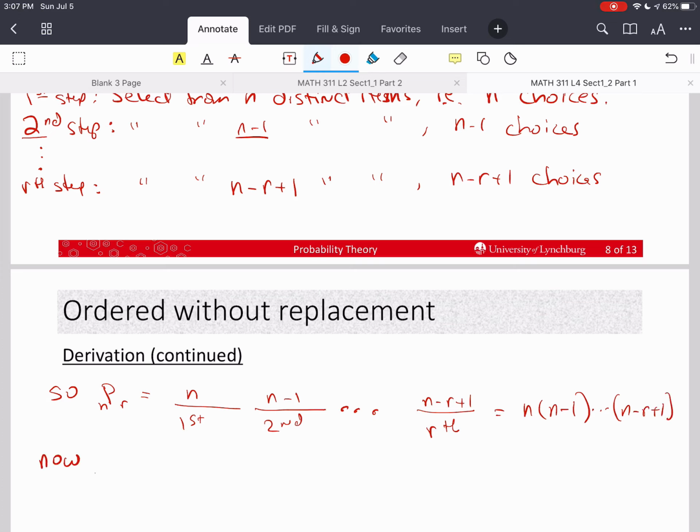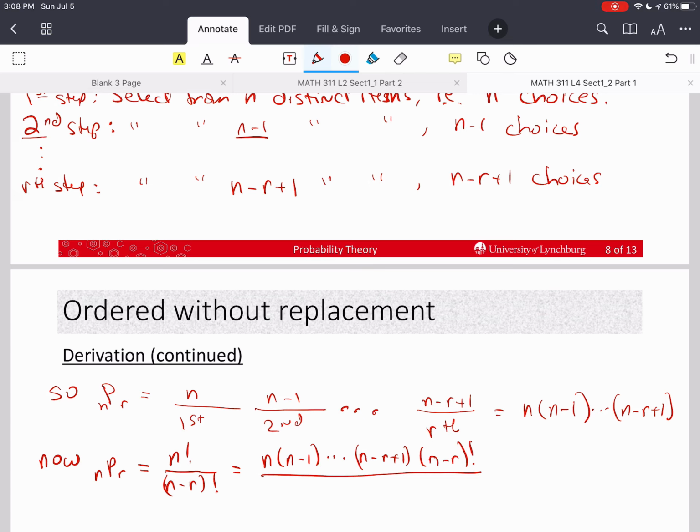Now, NPR, by definition, is N factorial over N minus R factorial. I can rewrite this as N times N minus 1, all the way down to N minus R plus 1, divided by N minus R, and all the values below that, that means it's N minus R factorial. If you need to prove this to yourself, just keep on writing the terms out down to 2 and 1, right?